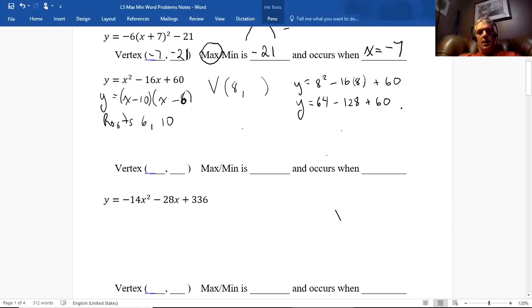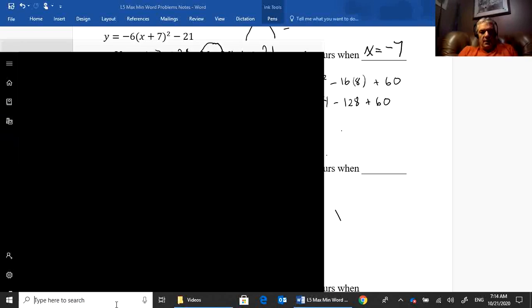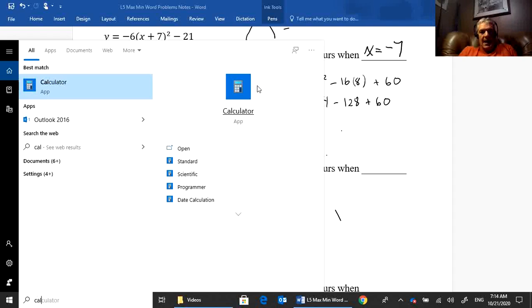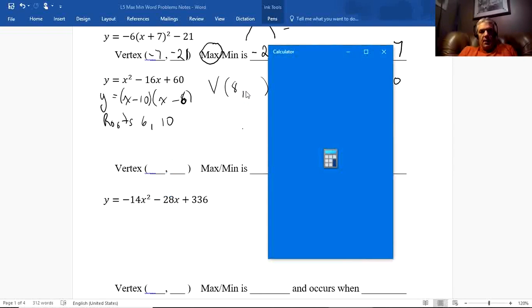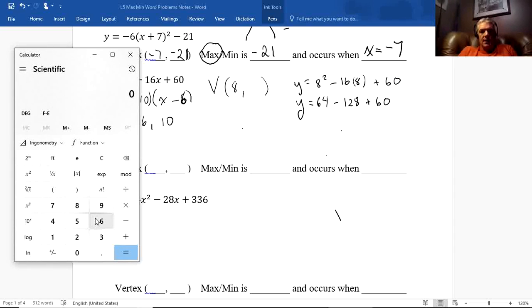I might want to grab my calculator just to make sure 100% on this. I have a calculator app on my computer, so I can pull it up and pull it to the side so it doesn't block my screen. So 64 minus 128 plus 60. And I believe the answer comes out to be minus 4.